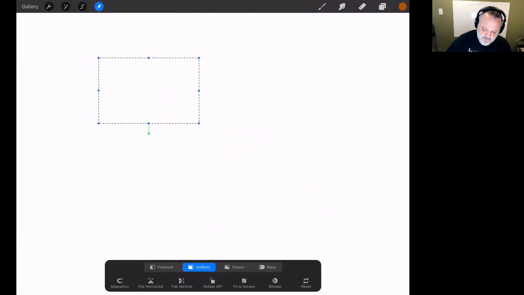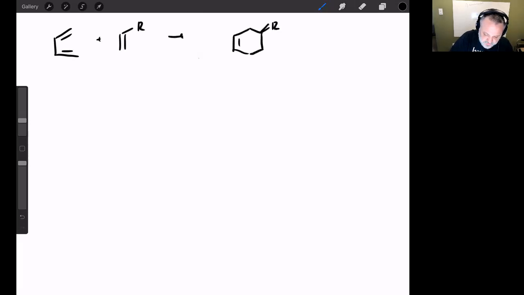We don't have to worry about regioselectivity if there's lots of symmetry going on. If there's symmetry in the diene, I'm only going to get one version of the molecule.